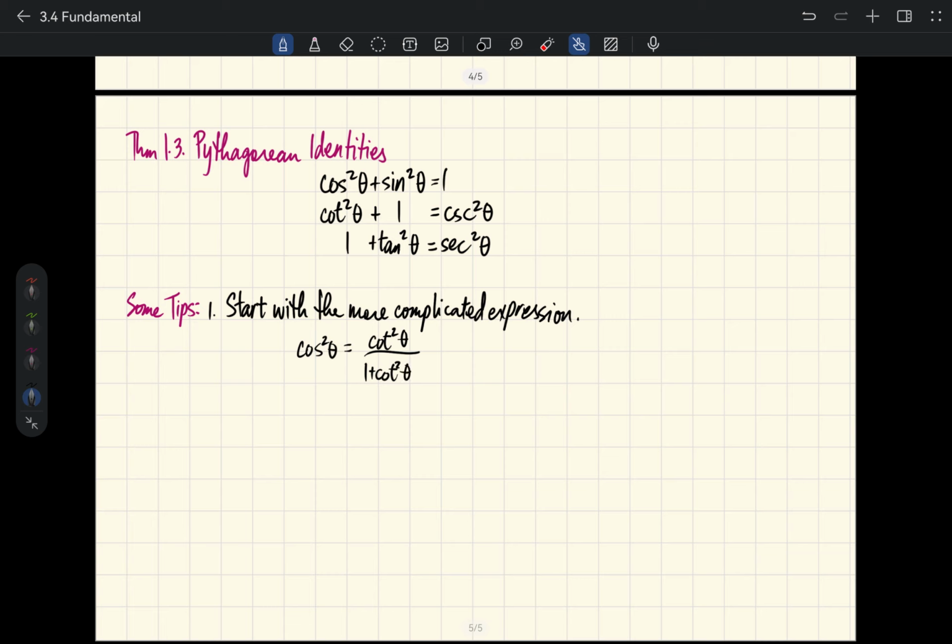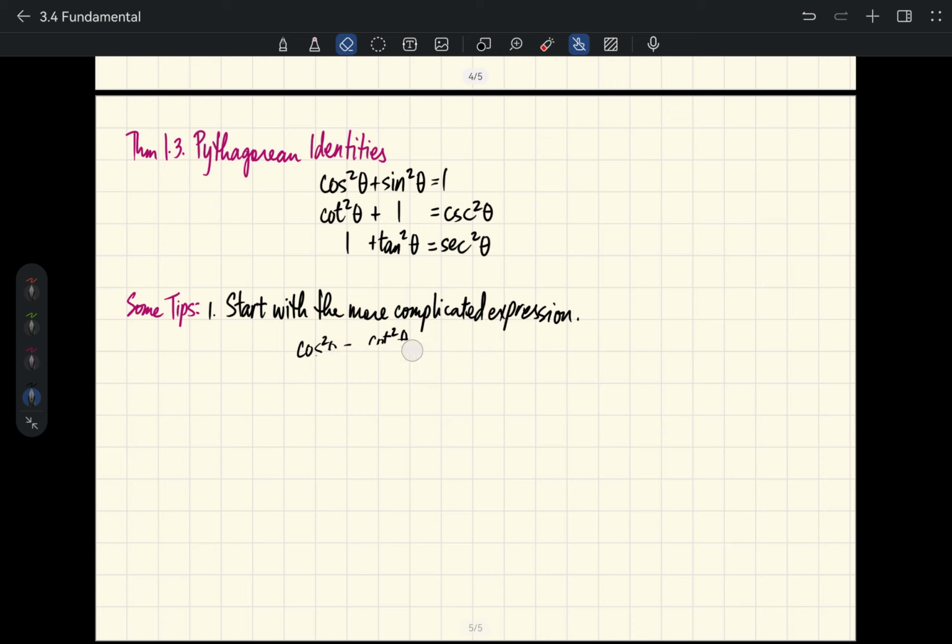Most of the time, it's easier to start with the one that looks more complicated. In this case, it's this one. It's better to start here simply because there's a lot going on in the expression, and that means that you can manipulate more stuff.